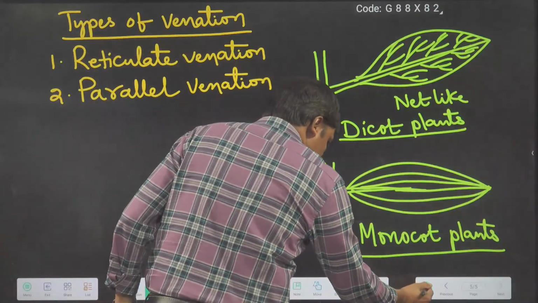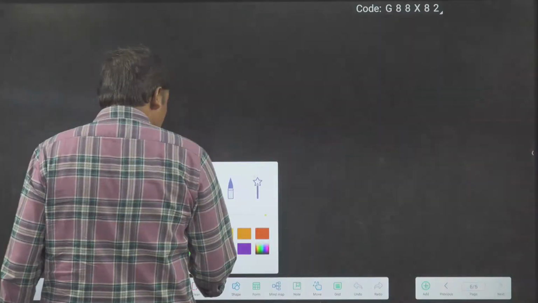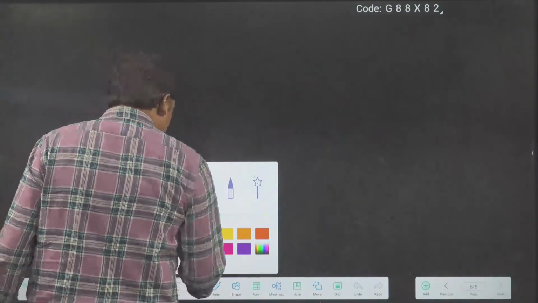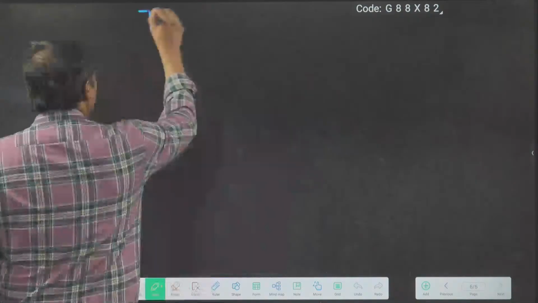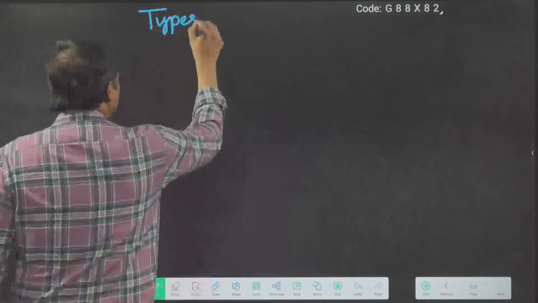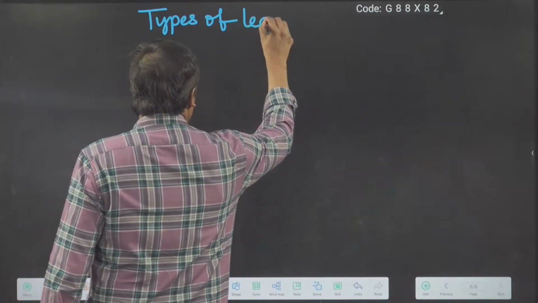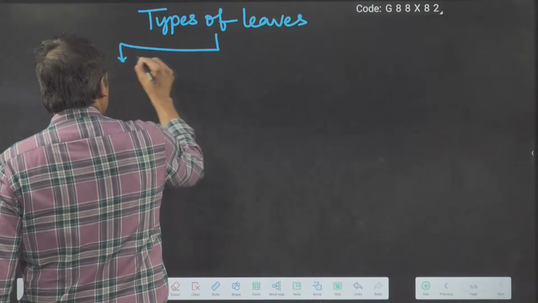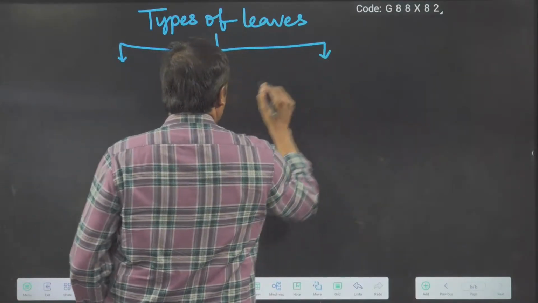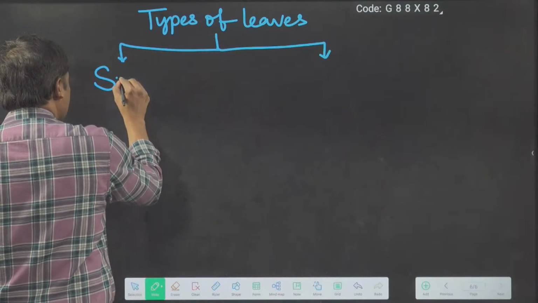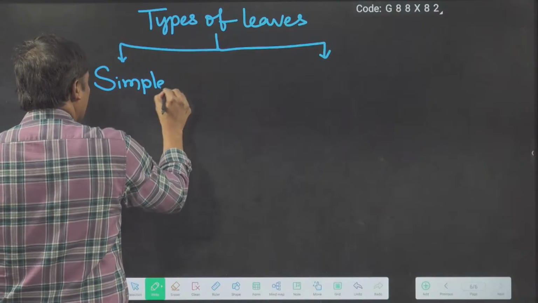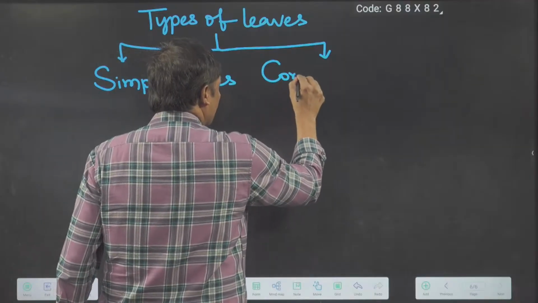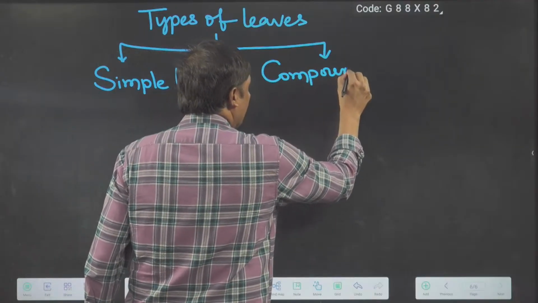And next one is types of leaves. Leaves are broadly classified into two types, namely simple leaves and compound leaves.